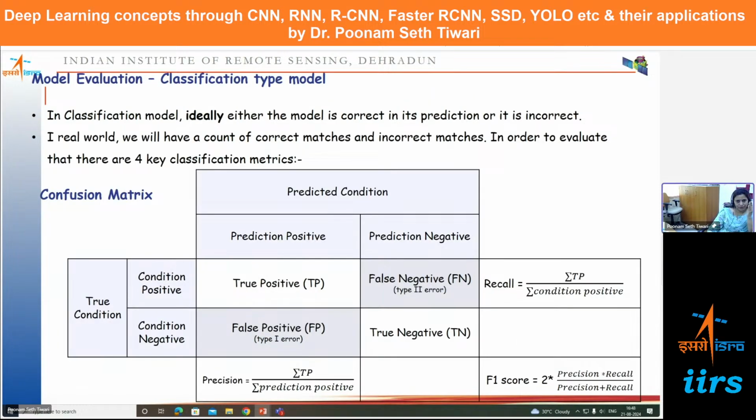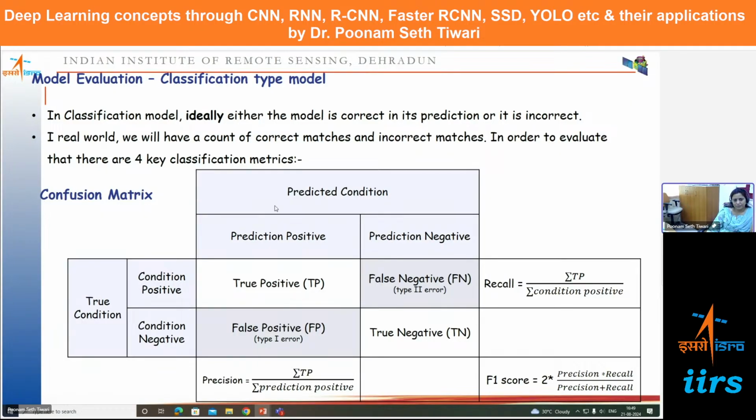Once your model is ready and doing the classification, you have to evaluate the model for its accuracy. In the classification model, the model is either predicting correctly or incorrectly. So we can have an error matrix here also.